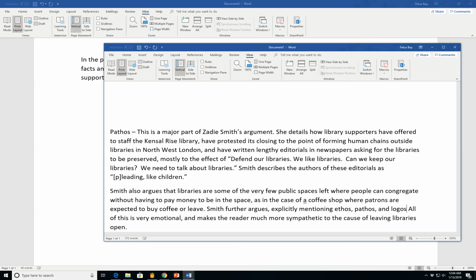Explicitly mentioning Ethos, Pathos, and Logos to explain that human beings are emotional creatures, and it is actually more logical to accept that human beings can be emotional and sentimental, even, and provide allowances for those facts.